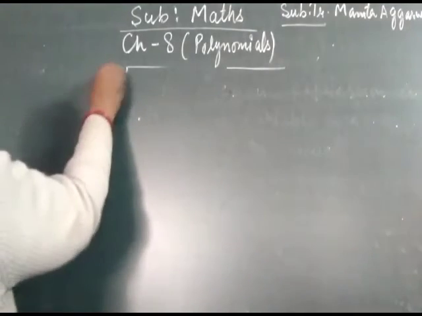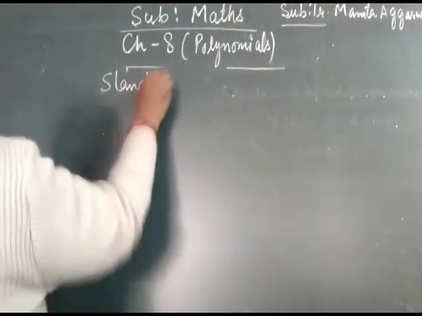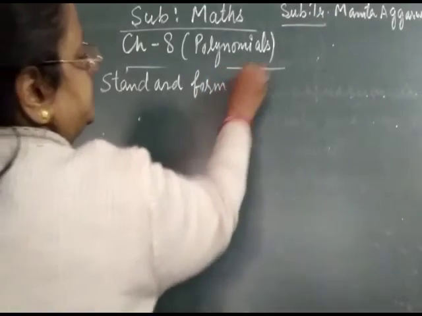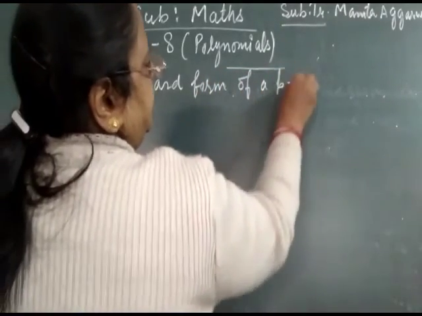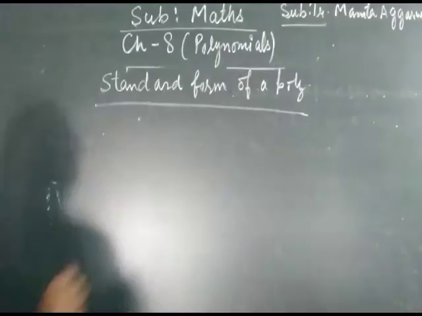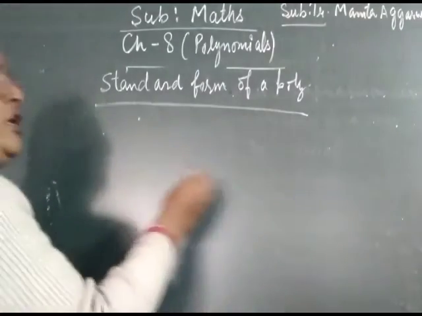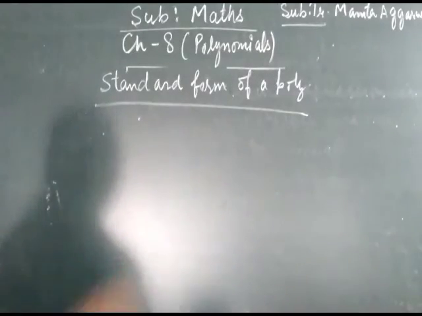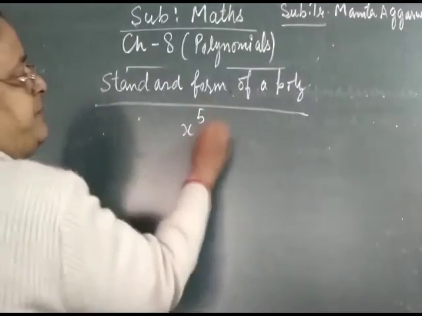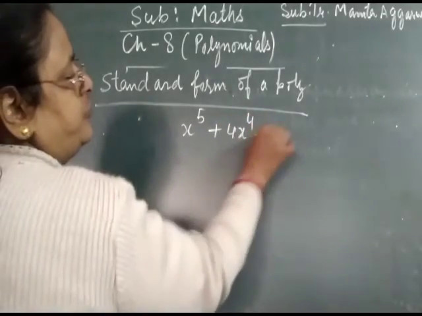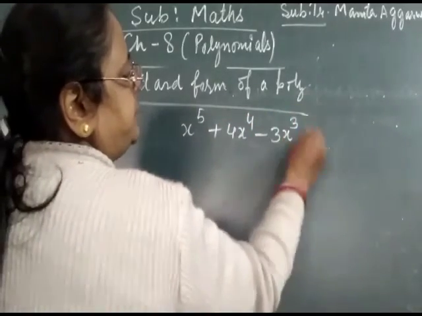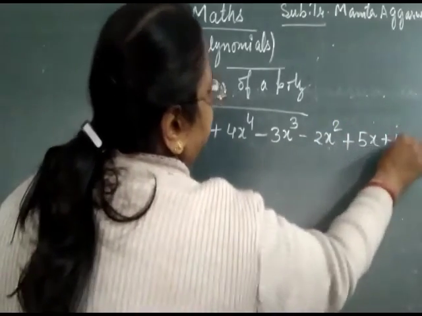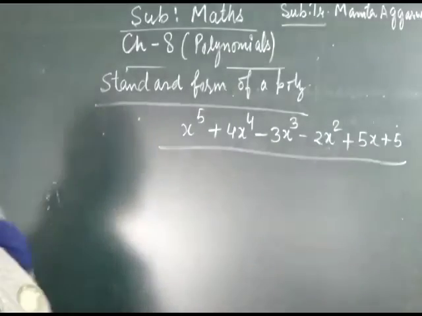Now I am writing the standard form of a polynomial. I am giving an example of the standard form of a polynomial. If we write any polynomial in the decreasing order of their power, as x power 5 plus 4x power 4 minus 3x power 3 plus 2x square plus 5x plus 5, this is a standard form of a polynomial.